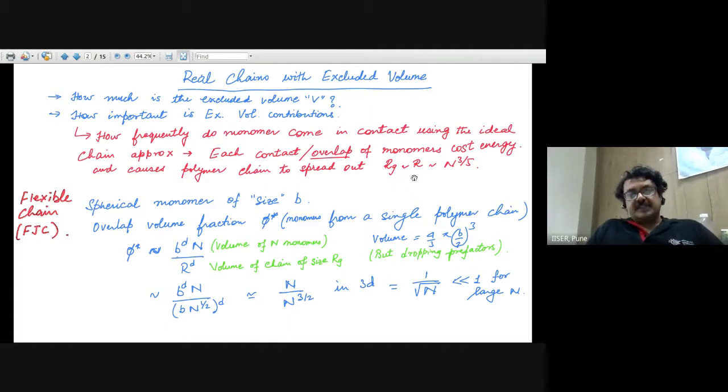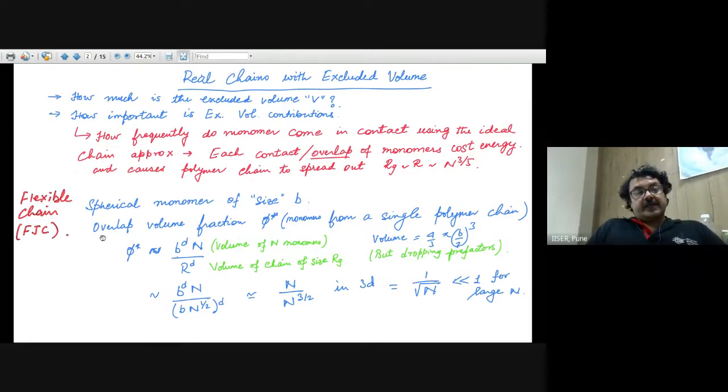And we saw that an estimate of the size, say Rg, goes as n to the power 3 by 5, where 3 by 5 is the so-called Flory exponent. Now, suppose you have a flexible chain, the so-called freely jointed chain model, and a spherical monomer of size b, say, right?